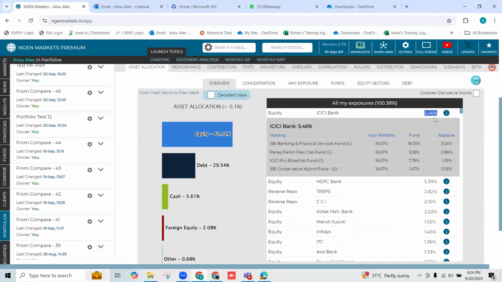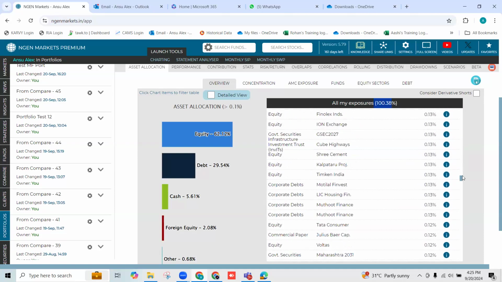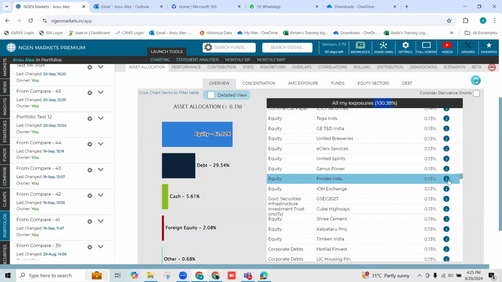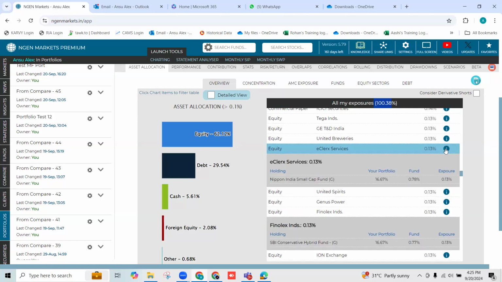And here we show total exposure, meaning to an extent of 100%. If you scroll down, you would be able to see very minuscule levels of exposure as well, like 0.13. That level of exposure is also something that we show. And where does this exposure come from? That is also something that could be seen by just clicking on this I icon.